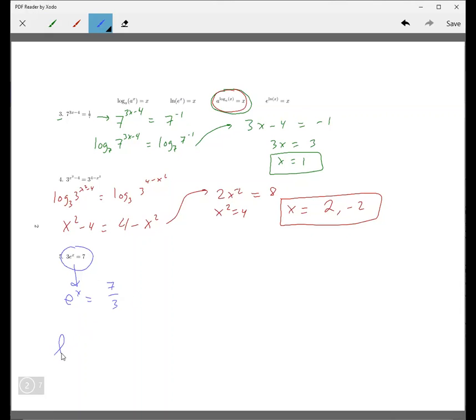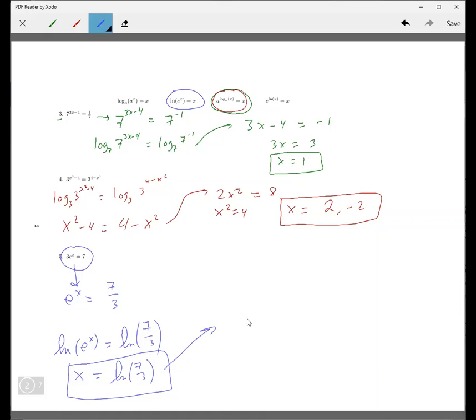So take the natural logarithm of both sides. And then we apply this property here. All this just becomes x. And that's the answer. So log of 7 over 3 is the answer.